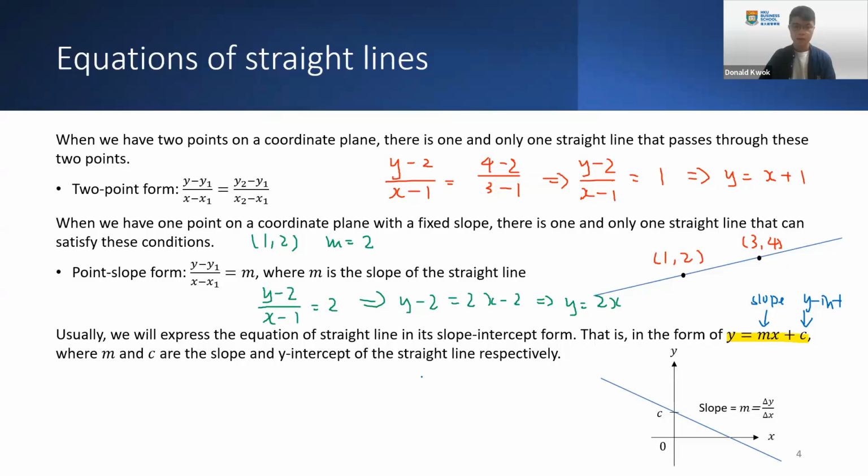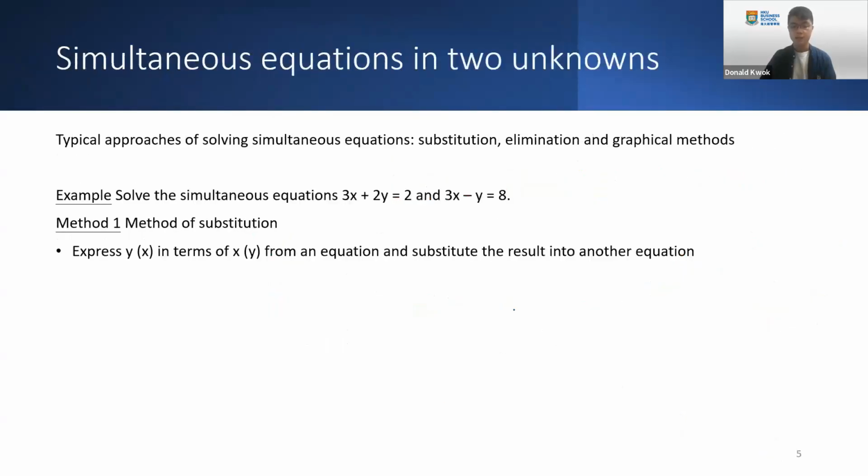Okay, the next thing is about solving simultaneous equations in two unknowns. I would like to go through three methods with you: method of substitution, method of elimination, and the graphical method.